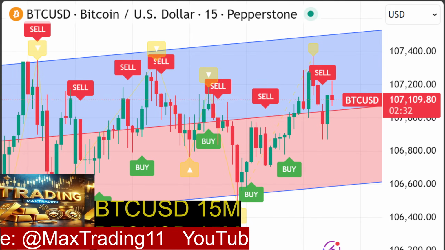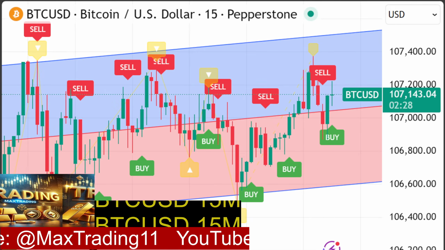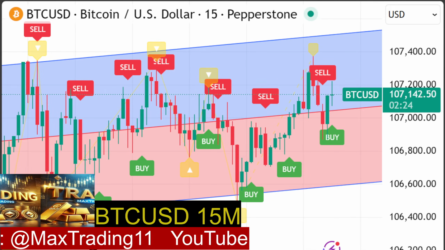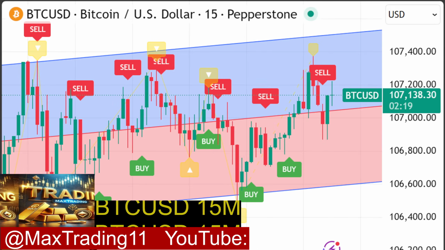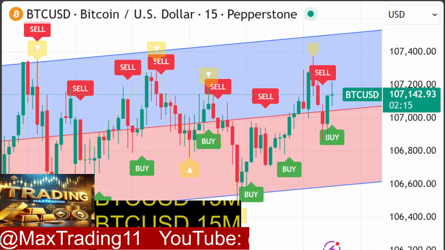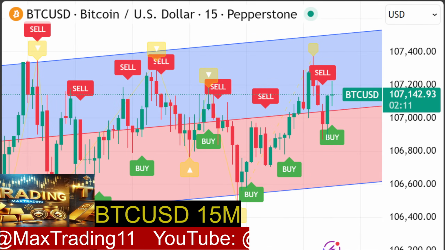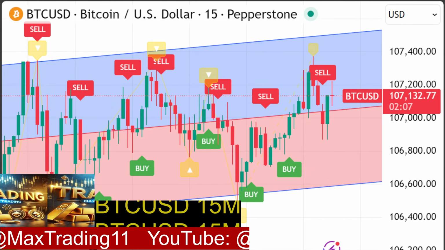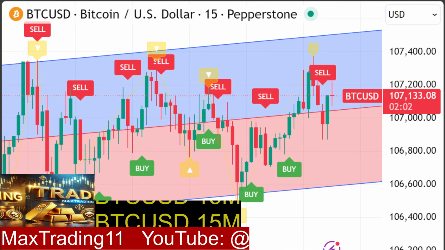15. Bitcoin's historical context. The analysis occasionally references Bitcoin's major historical phases. The 2013 rally and first parabolic top. The 2017 bull market leading to $20,000 highs. The 2020 to 2021 cycle driven by institutional adoption and pandemic liquidity.